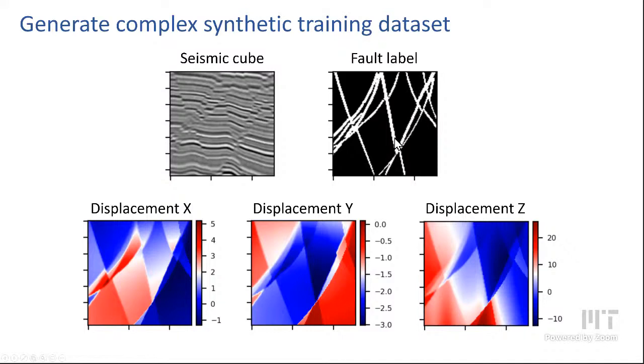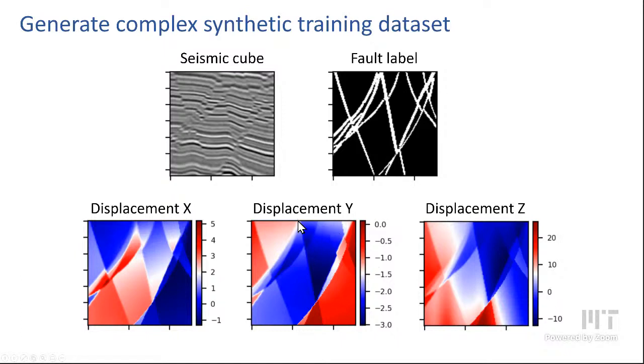So this is a complex training data set to mimic the real geology we see in seismic datasets. On the bottom is the displacement field, a 3D field, for 3 directions, X, Y and Z.